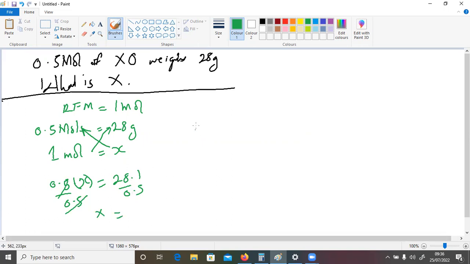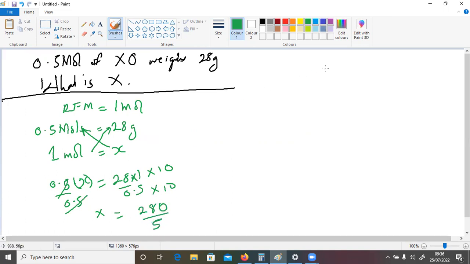Remember, this is multiplied by 1, not 0.1. So let me do it with multiplication there. So I get 280 over 5.